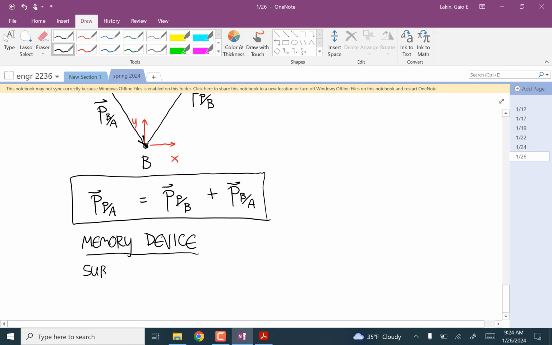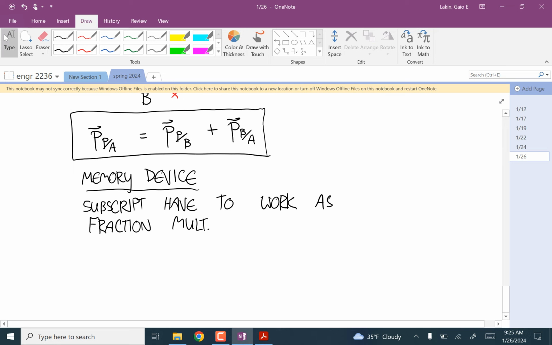So the subscripts for this to be correct have to work as fraction multiplication. So P over A is equal to P over B times B over A.